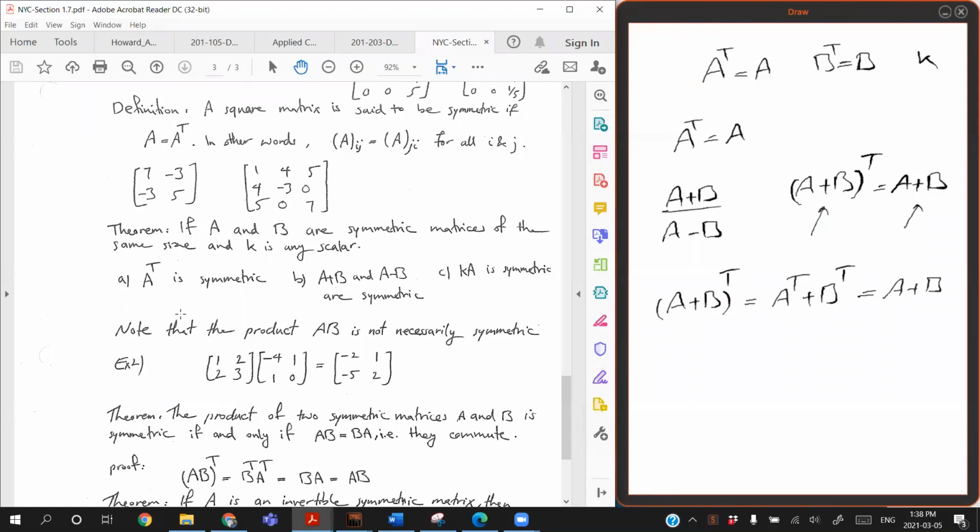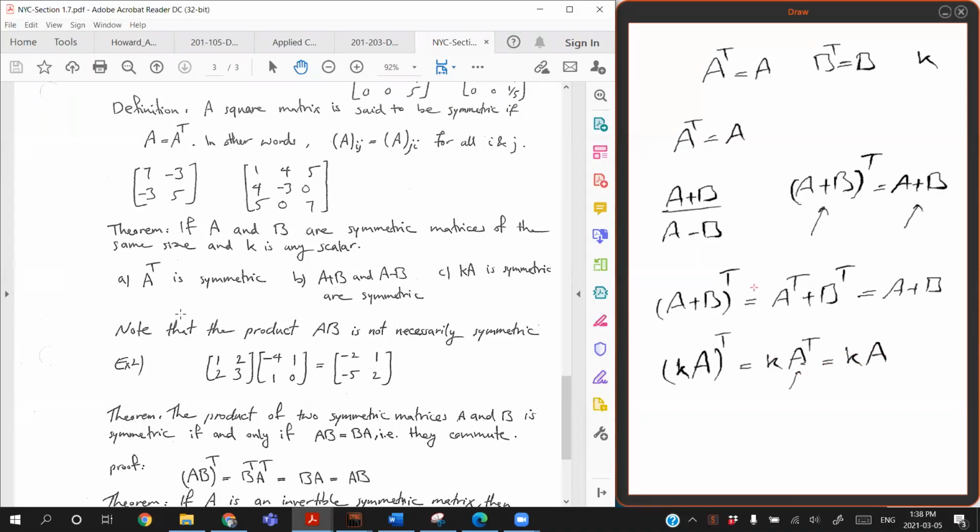And finally, for any matrix that is symmetric, any scalar times that matrix, like kA, would also be symmetric, because kA transpose is going to be k times A transpose, which is going to be kA, because A is symmetric.